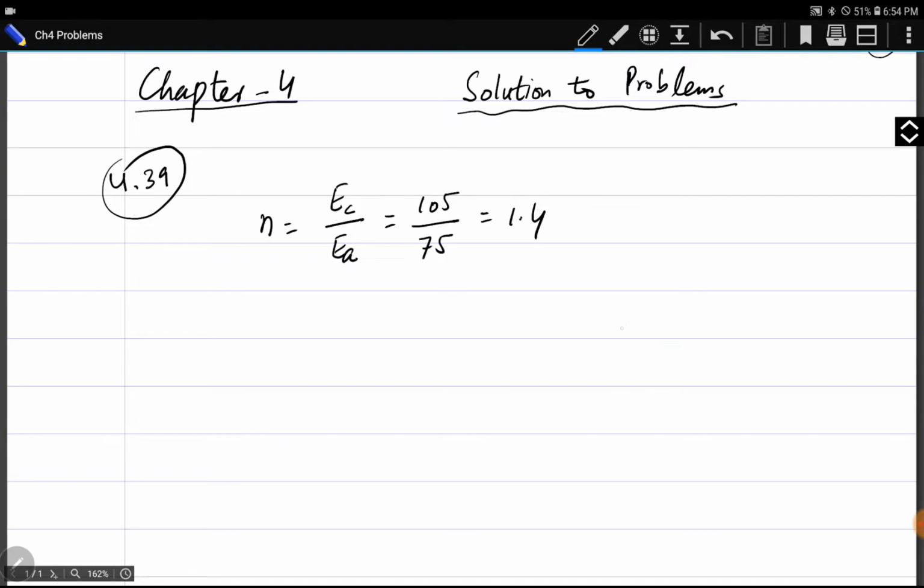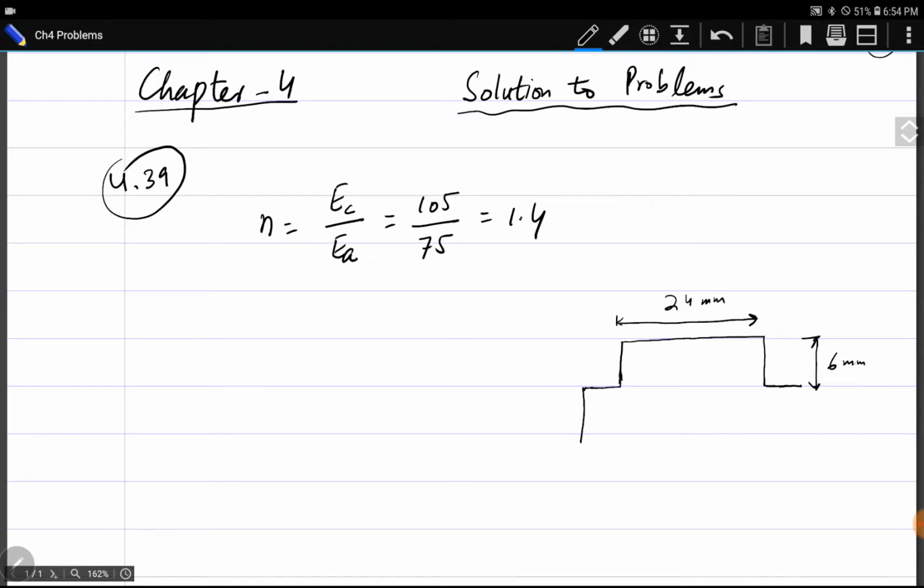Initially, the aluminum section was 24 mm wide and 6 mm deep. Copper at the bottom has been replaced with aluminum.